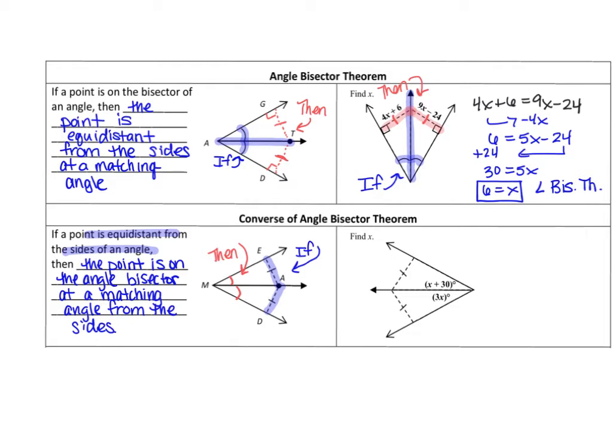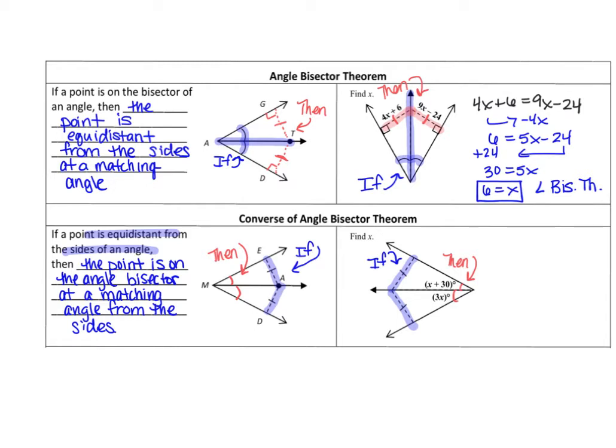In the example, we can see that this distance and this distance is the same. And if these distances are the same, that means that this point is equidistant, therefore making these two angles congruent. So that would be your then statement.